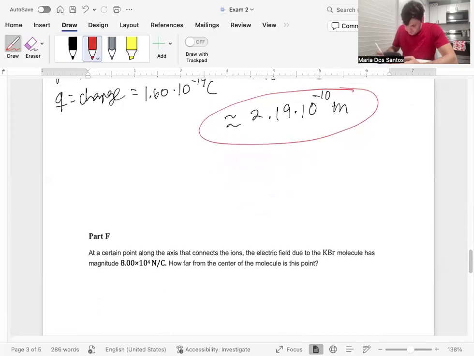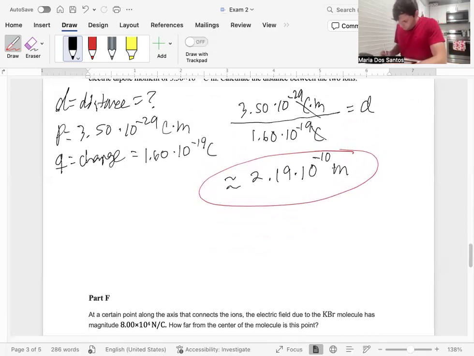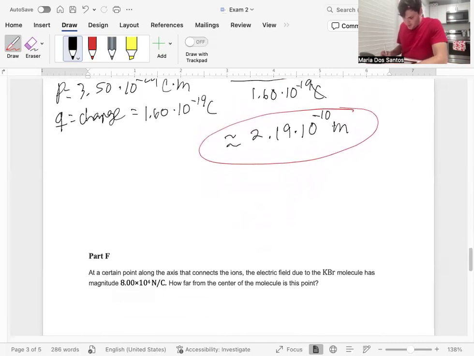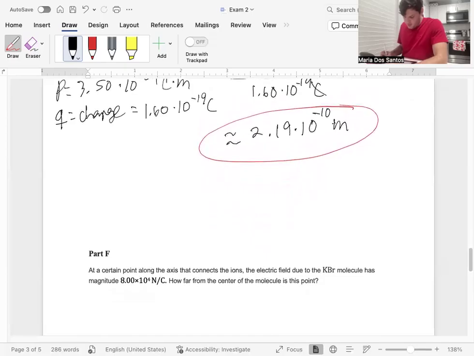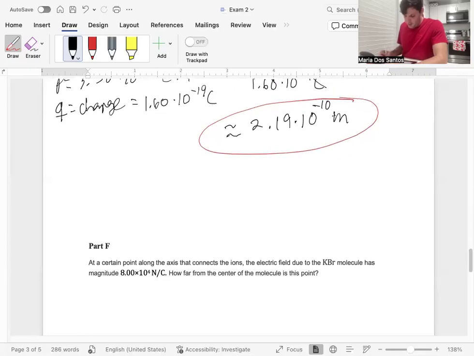Okay, part F. Present a point along the axis that connects the ions. The electric field due to the KBr molecule has a magnitude of 8.00 times 10 to the power of 4 newtons per coulomb.